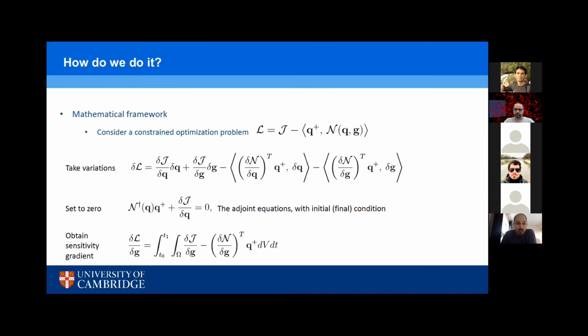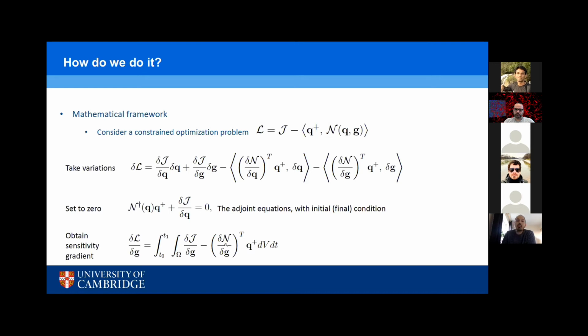So the first term here represents the gradient of the cost functional with respect to the control variables. And the second term represents the indirect effect of the cost functional of the control variables through the constraints with the adjoint variable.